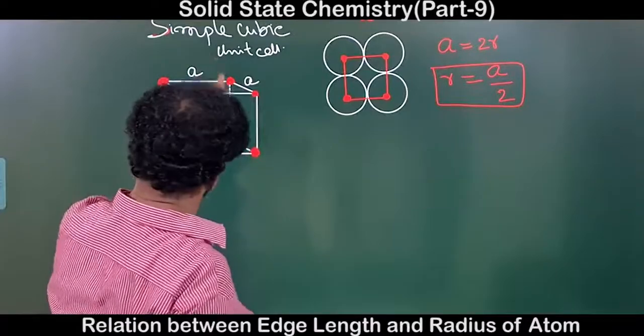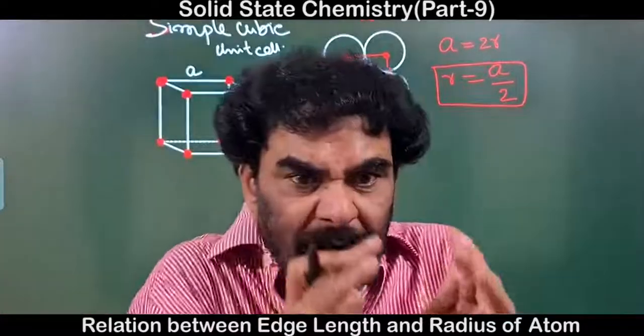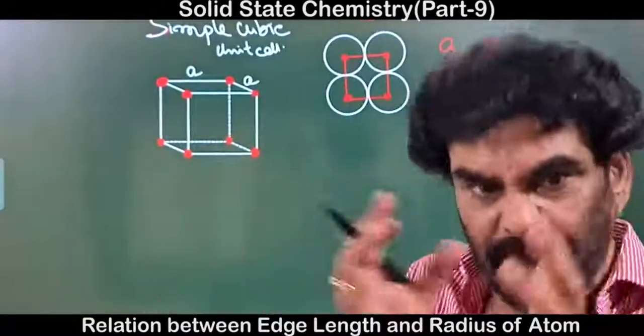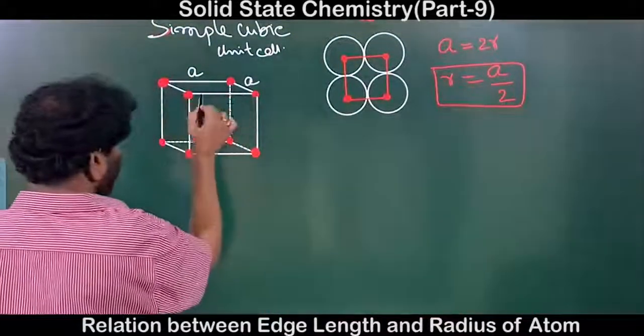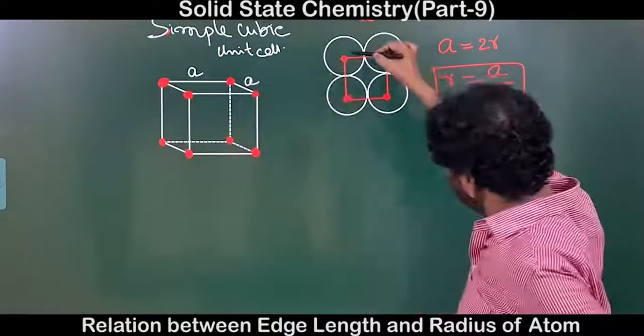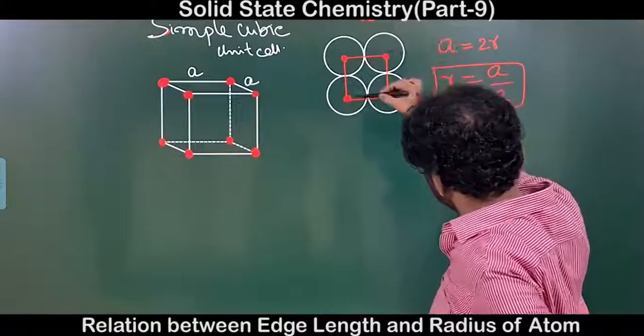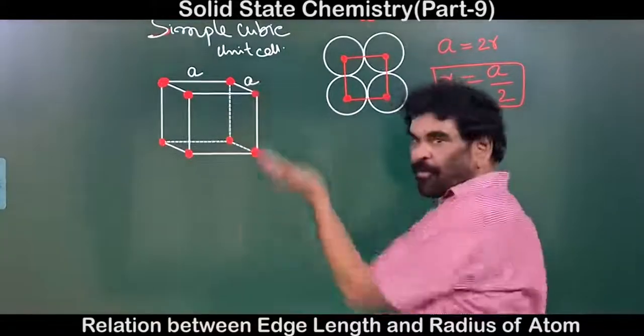In the simple cubic system, which atoms are very close or touching each other? The corner atoms are touching each other. This is the upper surface: this is the first atom, the second atom, the third atom, the fourth atom. On this face there are 4 atoms.